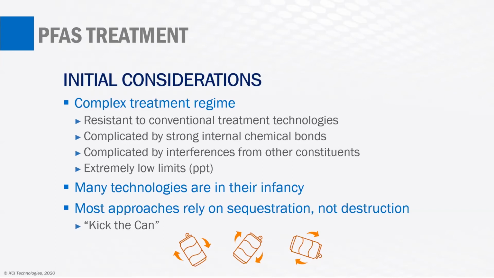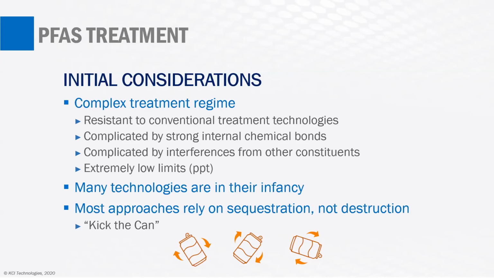Because we're talking about such low concentrations of the PFAS in these streams, and you've probably got other things in there at the parts per billion level and the parts per million level that aren't really harmful, but they do scavenge your oxidant or reduce the effectiveness of your treatment on PFAS, that's going to be a complication.